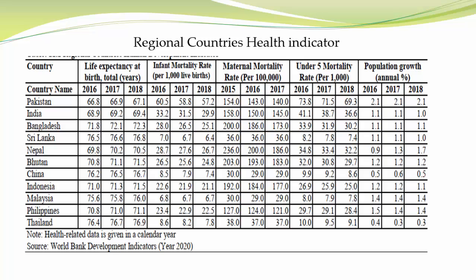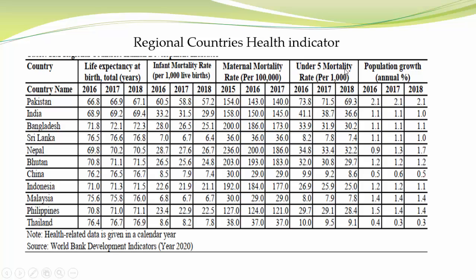We are even better than Indonesia, where the maternal mortality rate is 192. So we are better than a few of the countries, but still we are behind Sri Lanka, China, Malaysia, Thailand.